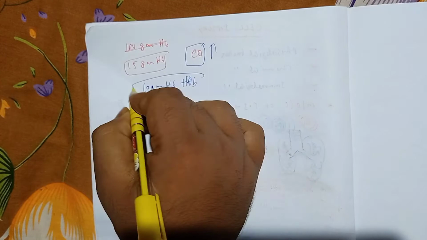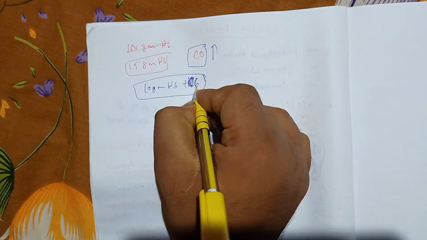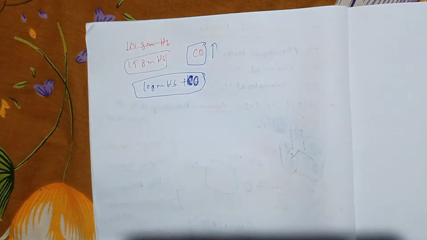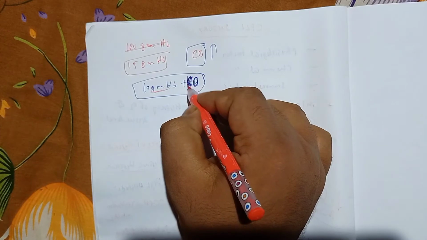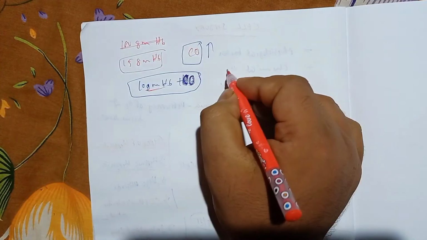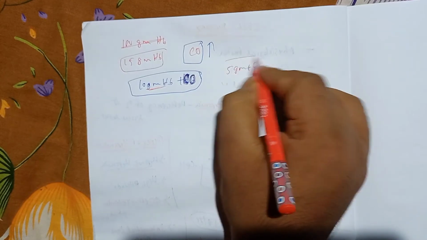Why? Because they are having more affinity, CO. So the 10 gram of the hemoglobin is combined with the carbon monoxide, but the rest 5 gram hemoglobin will get combined with oxygen.